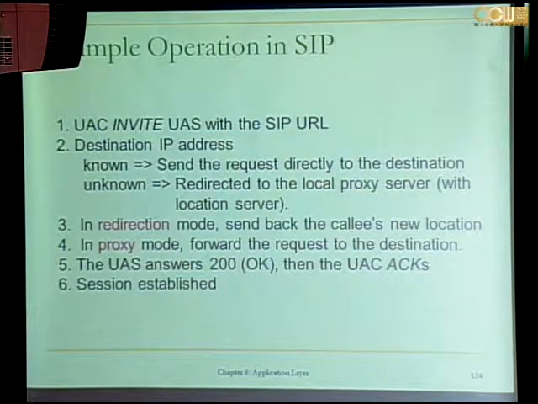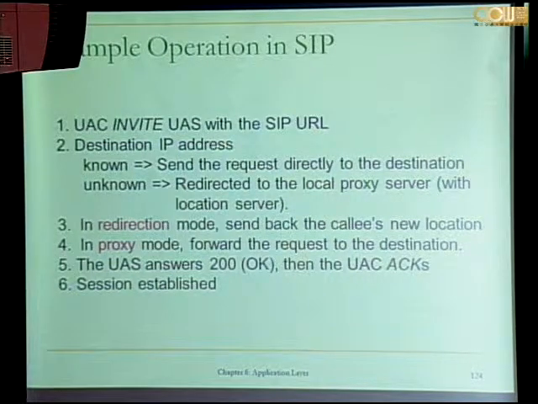And then if the destination IP address is known, meaning the location server knows where the callee is, then it will send it to the callee directly. If it's unknown, then it's redirected to a local proxy server with a location server on it, so that the location server will be able to identify you.